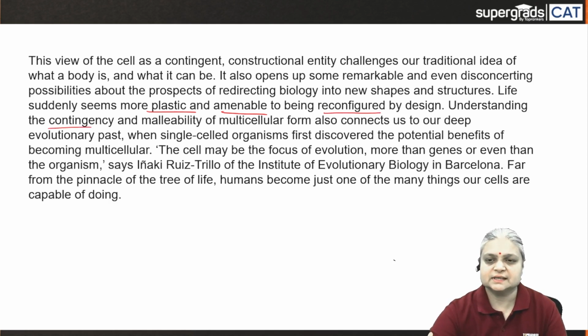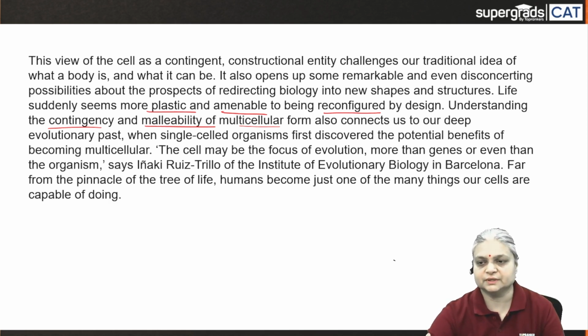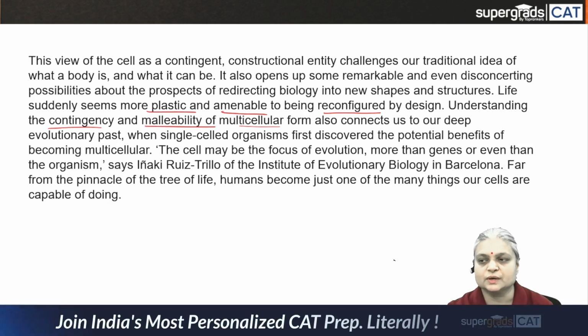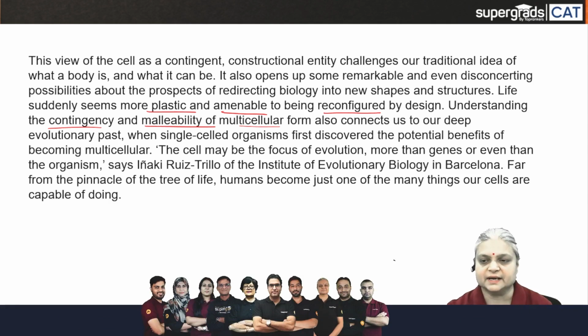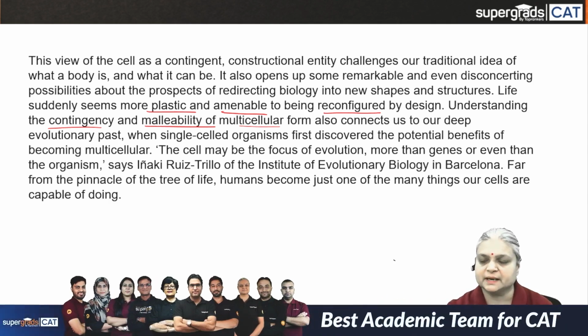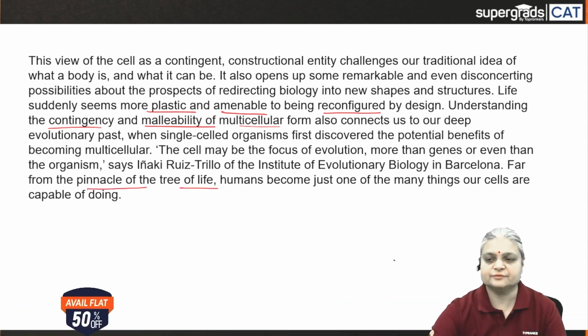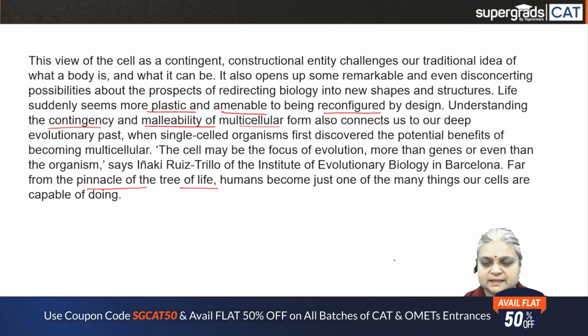Understanding the contingency and malleability of multicellular form also connects us to our deep evolutionary past when single-celled organisms first discovered the potential benefits of becoming multicellular. The cell may be the focus of evolution, more than genes or even than the organism, says I. R. Trillo of the Institute of Evolutionary Biology in Barcelona. Far from the pinnacle of the tree of life, human become just one of the many things our cells are capable of doing.